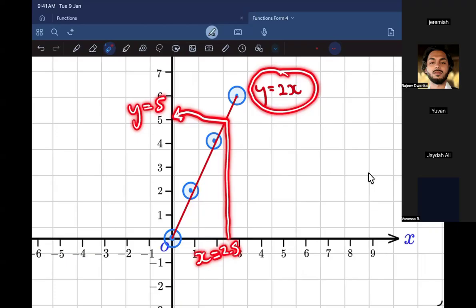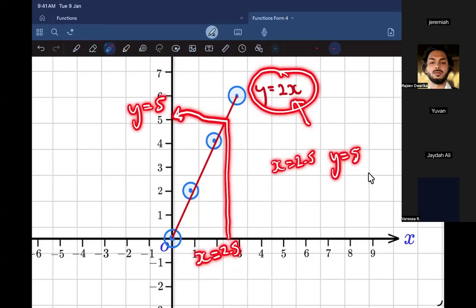The equation here is y is equal to 2x. We got x to be 2.5 and y to be 5. Does that satisfy this relationship, y is equal to 2x? Yeah, it does, because if you multiply 2.5 by 2, what are you going to get?